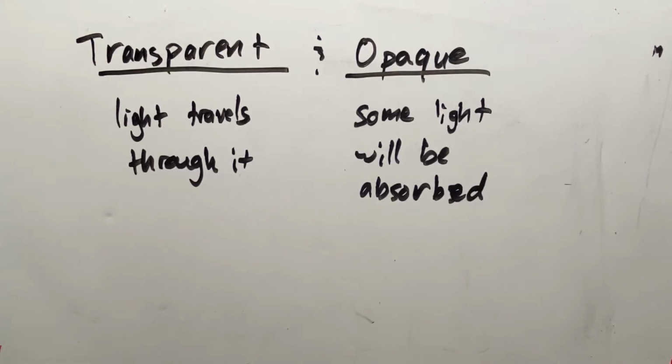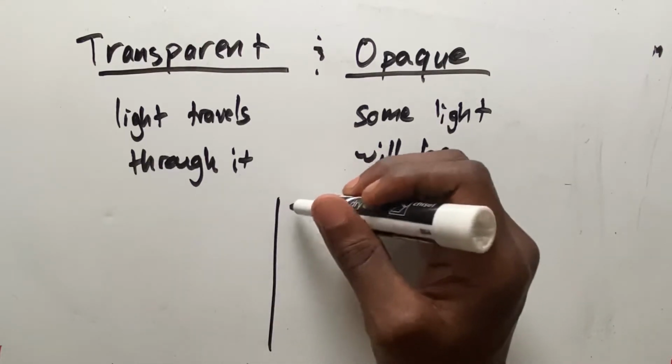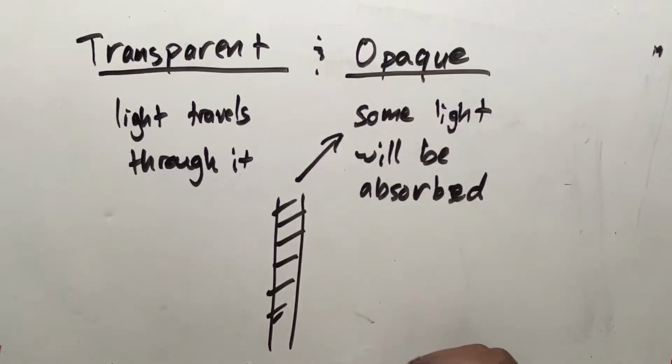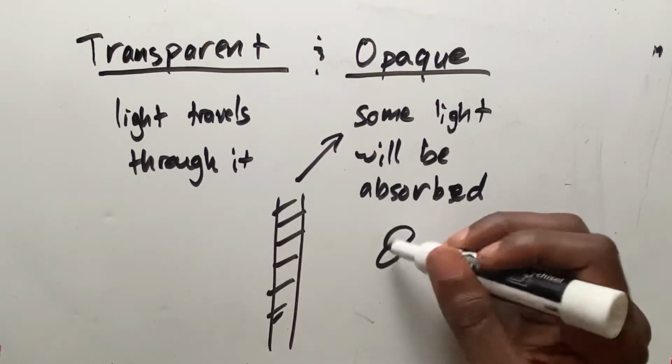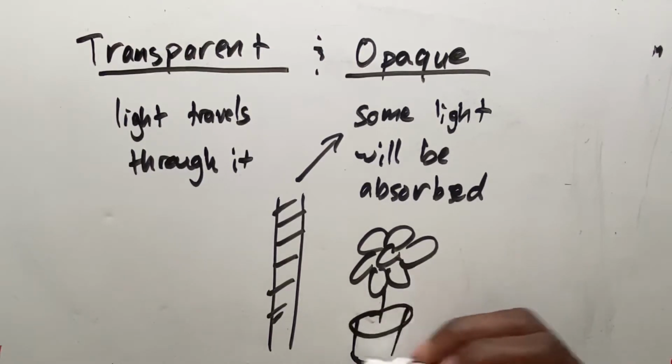They have a picture of some glass here, and this glass is opaque. And then there's like a little flower over here, right? And we have basically different forms of light coming in.